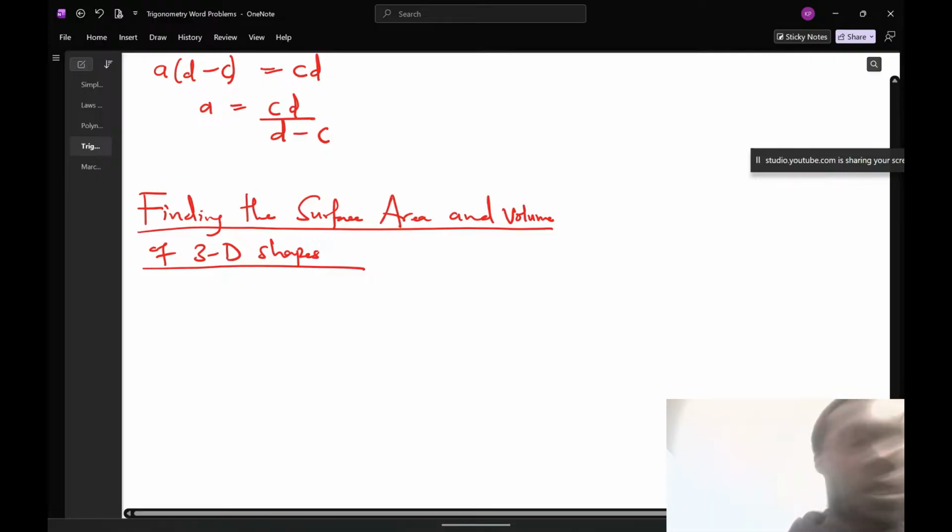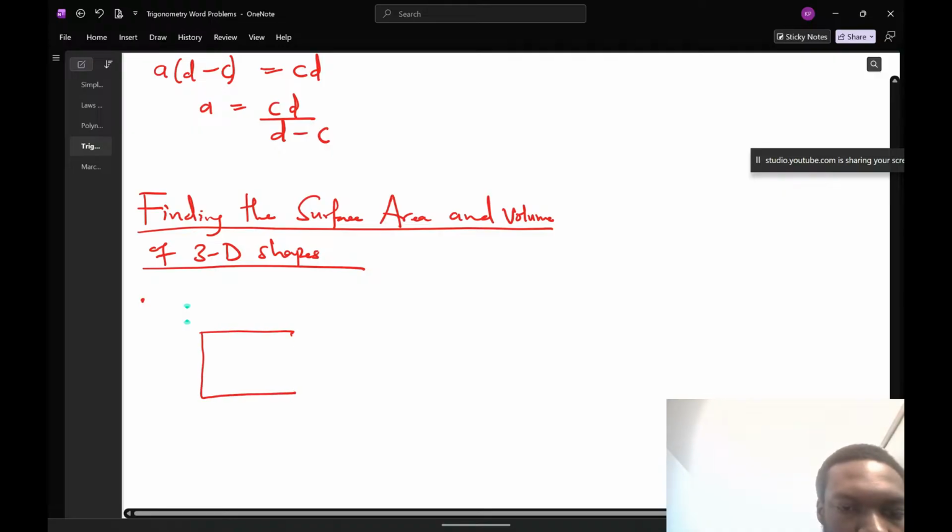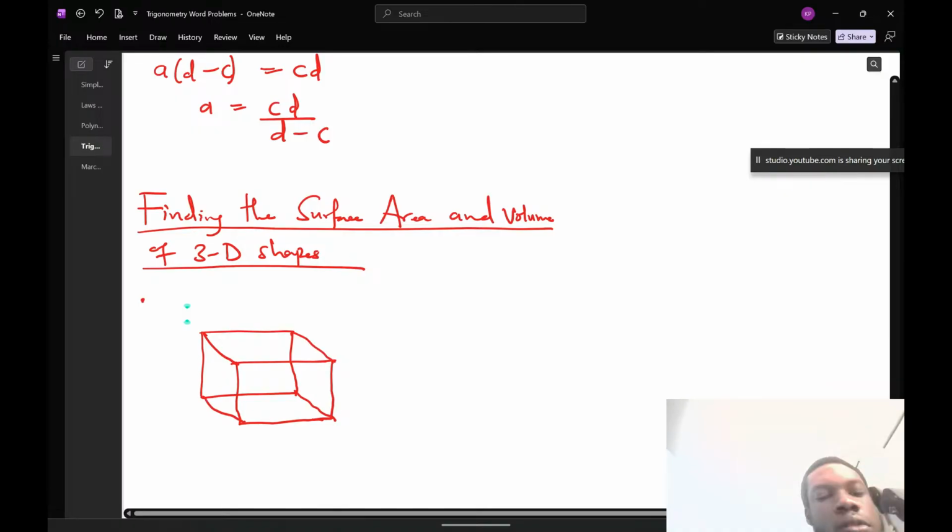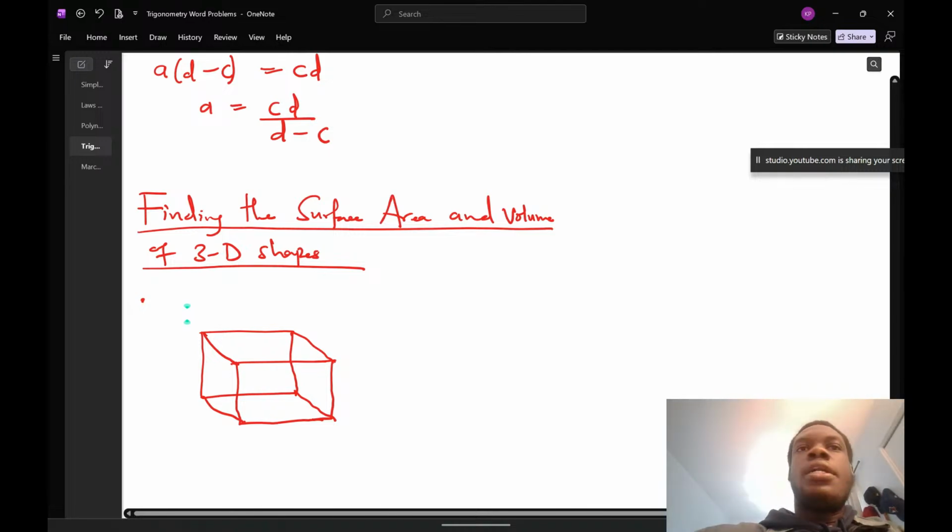Okay. So first of all, I want to start with a cube. So we have a cube that has length like this.